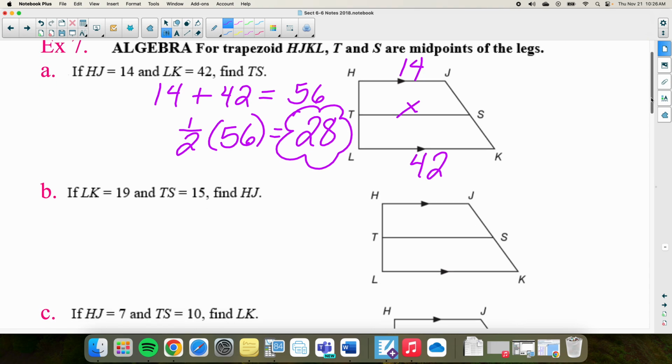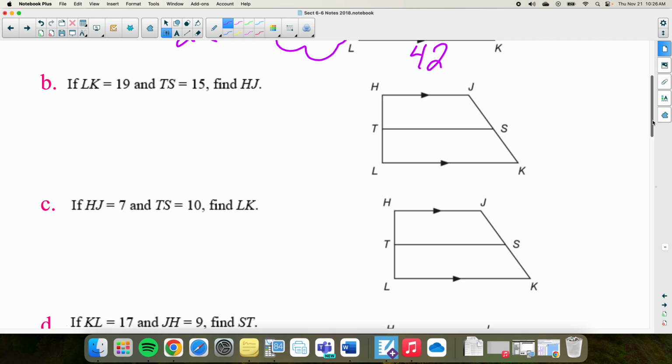Okay, now if I look at this one, it says LK down here is 19, TS is 15, and we want this one. That is where we use the shortcut way. So what do we do to 19 to get to 15? Subtract 4, and then we take 15 minus 4. What's 15 minus 4? 11.